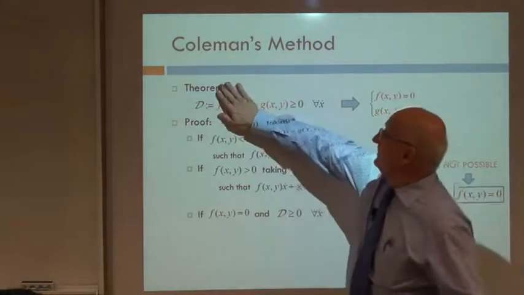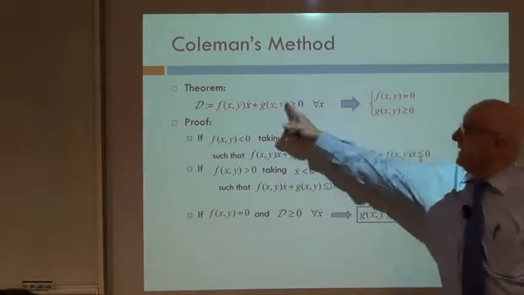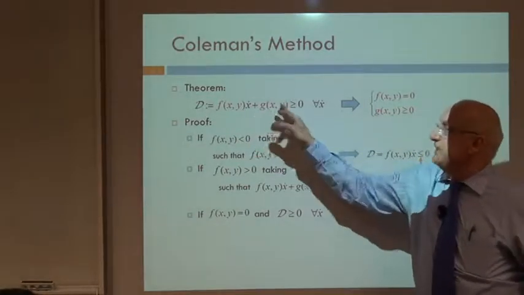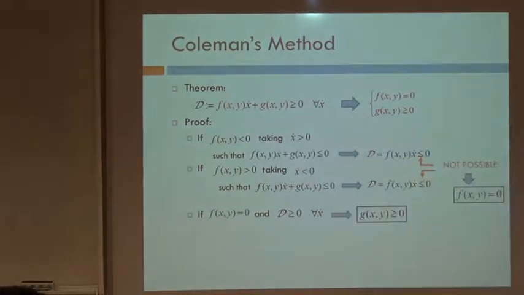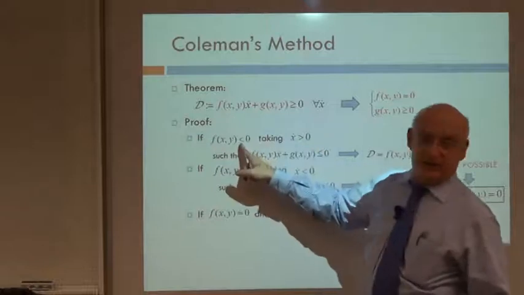And in consequence, this drops, and only this part remains, and that means that this function itself, only this function, has to be always greater than 0. Proof, well, it's very easy. Imagine that this function is smaller than 0.